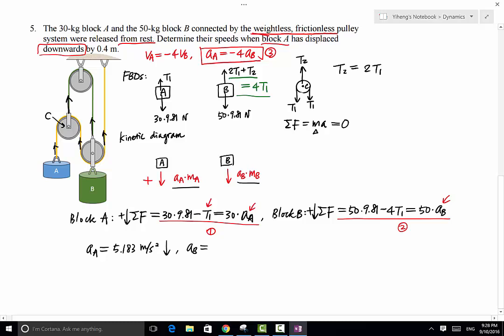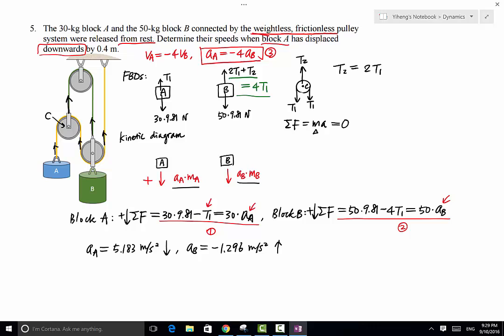AB is 1/4 of AA in magnitude, so negative 1.296 meters per second squared. That is upward motion. T1, we really do not need to know what it is, so we can just leave it like that. However, in this problem, we need to find the speeds. So we have found acceleration, but now we need to find speed.